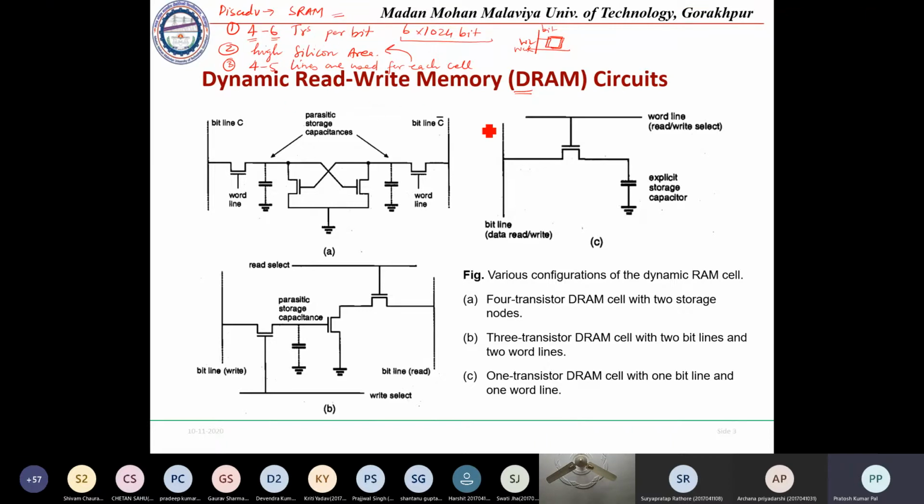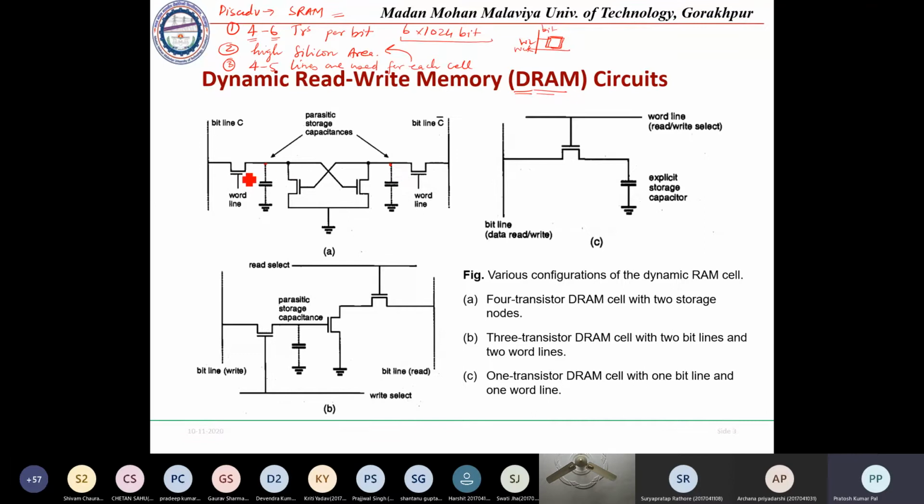So that's why we are switching to DRAM. The basic structures of DRAM are as follows, the first one is this one. Here cross coupled NMOS transistors are used, and the parasitic capacitances at their terminals will be used to store the data.